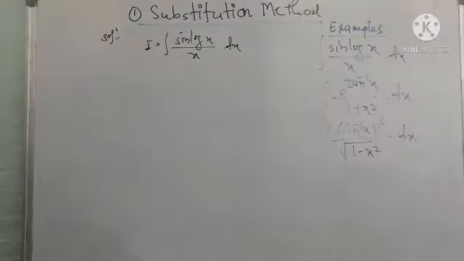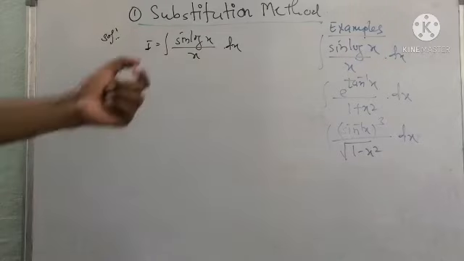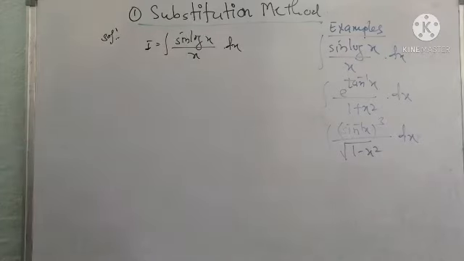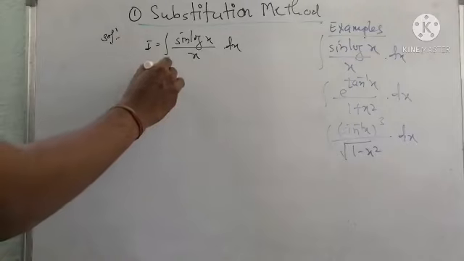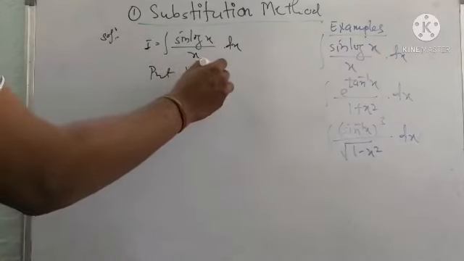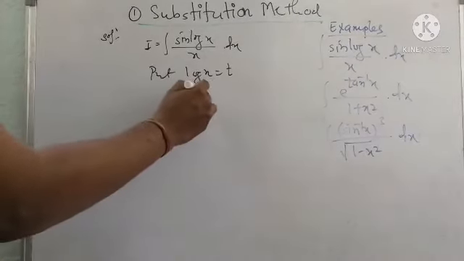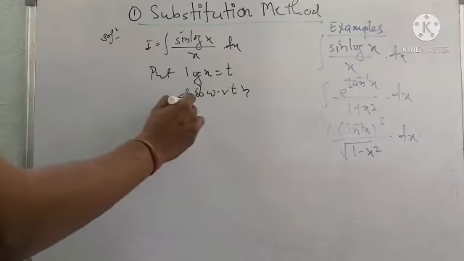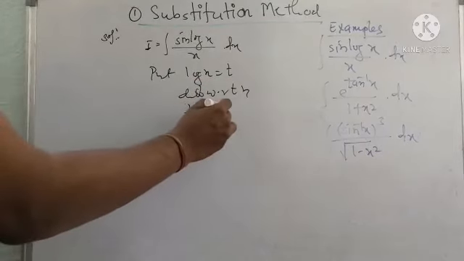These examples contain the function of a function which are only differentiable, like logarithmic functions and inverse trigonometric functions. In the first example, as we see, sin of log x is a composite term. As we know, we have to put differentiable functions always. So we put log of x is equal to t. So its differentiation with respect to x will be 1 upon x into dx is equal to dt.